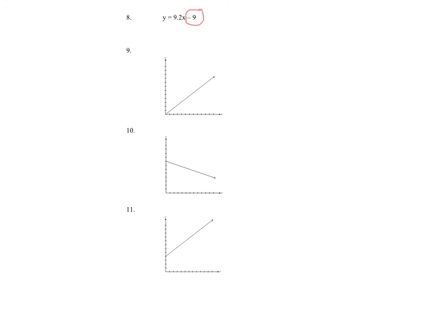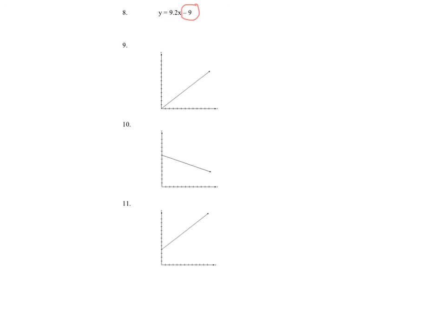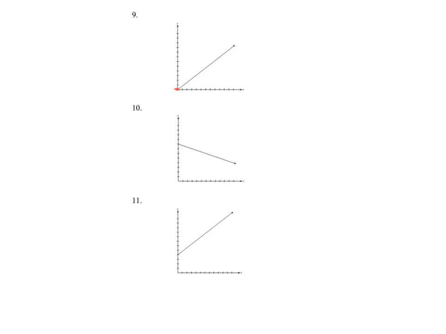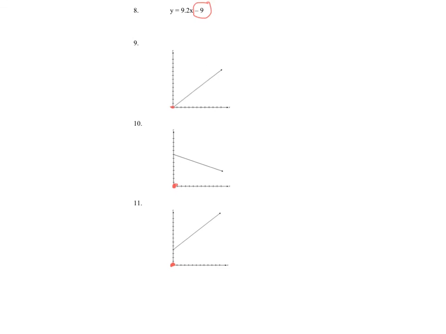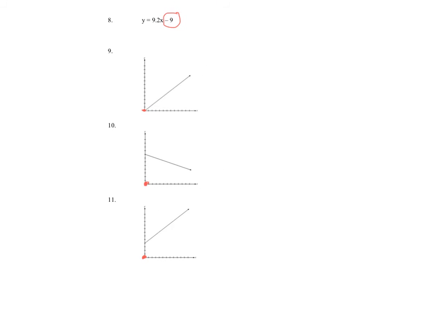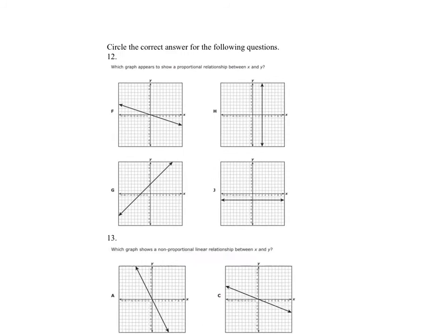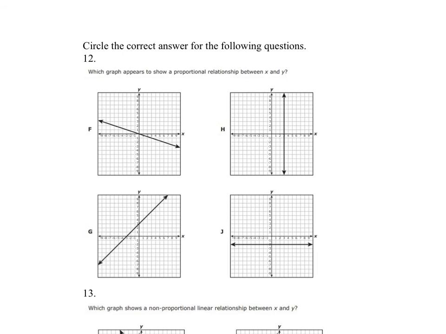And then on the graphs, if it goes through the origin being this little corner right here, because this is just a little piece of a graph. Okay, so if your line goes through that little point, then it's proportional. If it does not go through that little point, then it's non-proportional. Same thing on these.